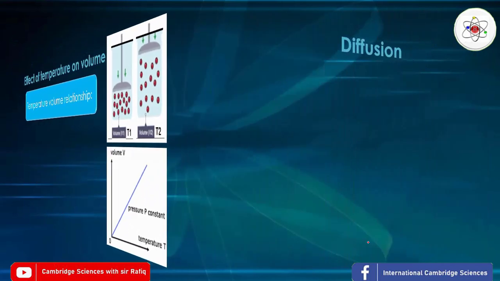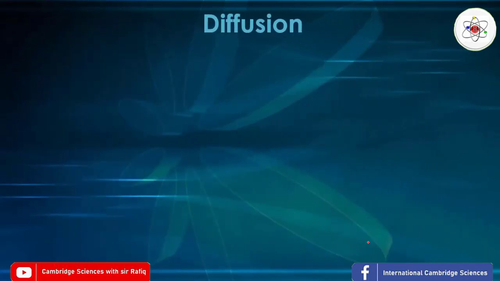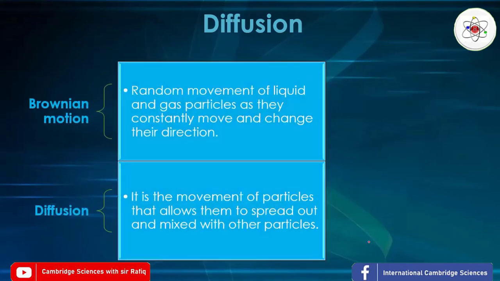Now coming to the next topic, diffusion. What is basically diffusion? First of all, we should know very well about Brownian motion, which we discussed earlier in previous lectures: particles move randomly, especially of liquids and gases, or you can say fluids, because they move from one place to another.